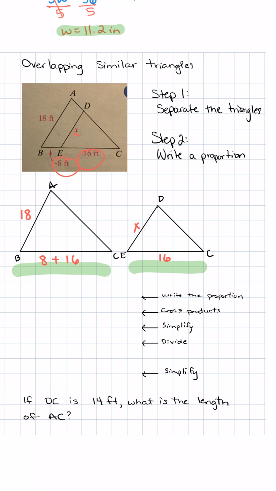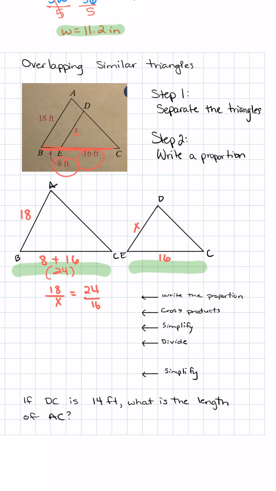See, this plus this equals this long one. Okay, so let's write a proportion. 8 plus 16 equals 24. So that's what we know there now. So 18 is to x. So 18 over x is the same as 24 over 16.